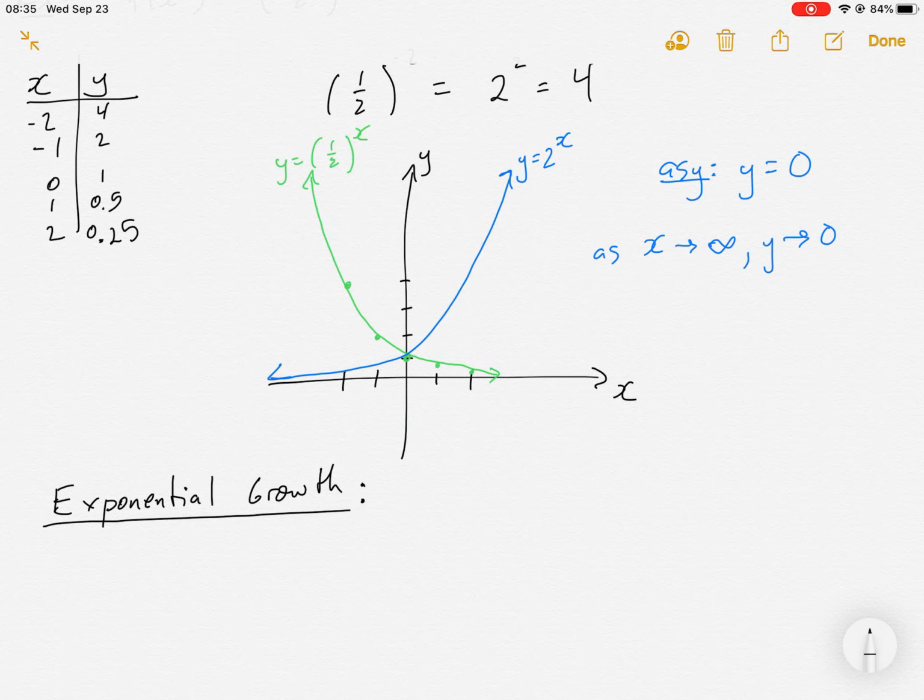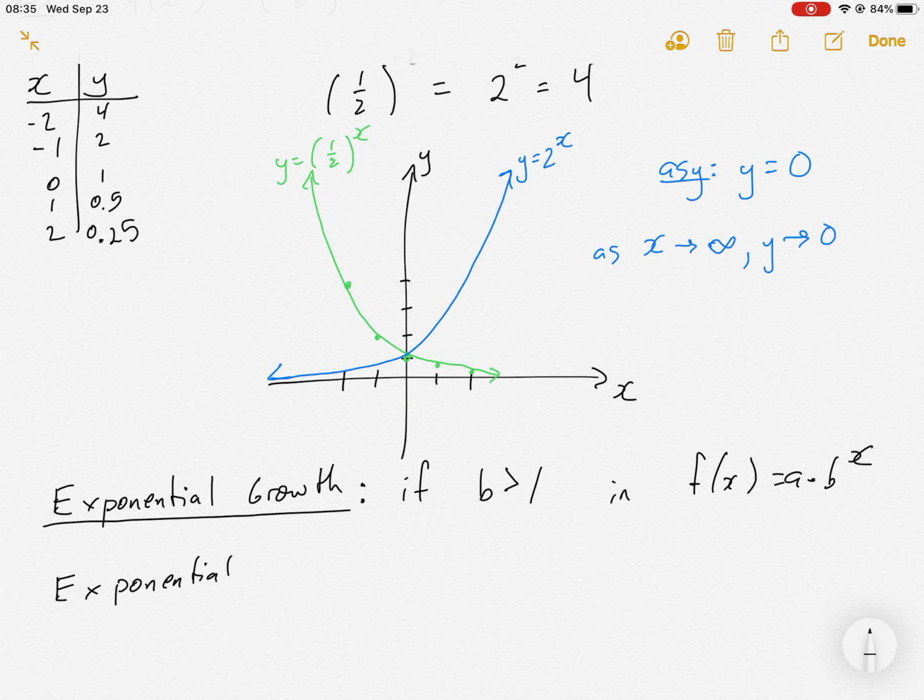So exponential growth is if b is greater than 1 in the equation that we were given in the previous video. And exponential decay, that occurs if b is less than 1 in that equation.